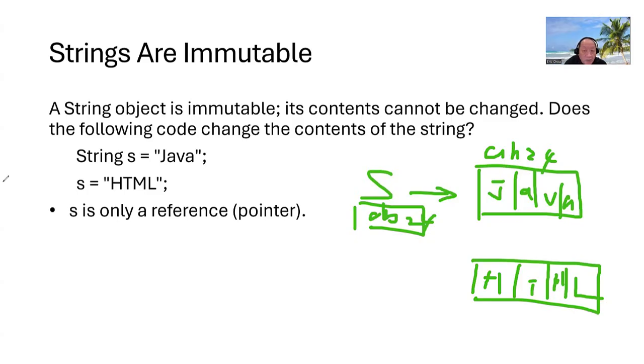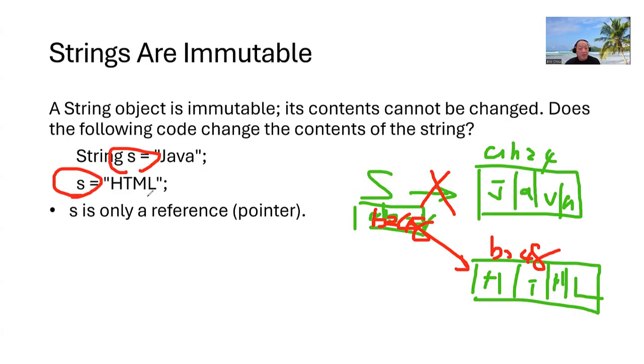Then when you point to HTML, you'll be pointing to the new address, B248. Then B248 will be stored there, and you cut the link to Java and point to the HTML. So s is always storing the address. When you update it, it doesn't update the content, it updates the address of the string. Okay? Any question?